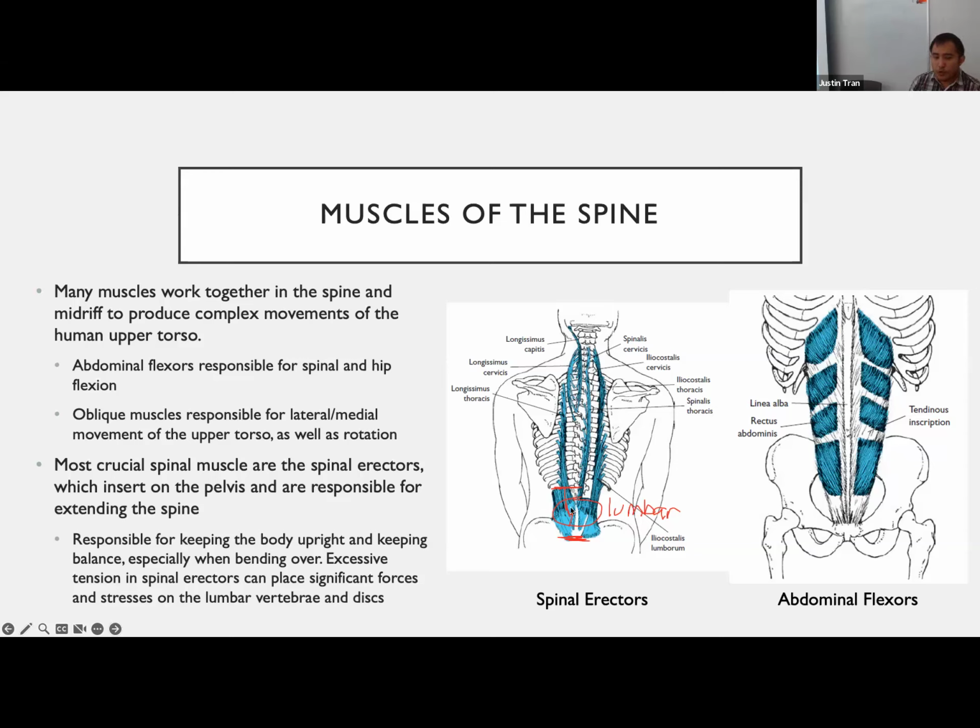Then, when your spinal erector muscles are working too hard, that places too much stress on your lumbar spine, and that's usually what causes people to get hurt doing deadlifts. Okay? If you've worked out, probably people have drilled this into you. You want to be careful doing those. And we'll go a bit more into detail about why that is.